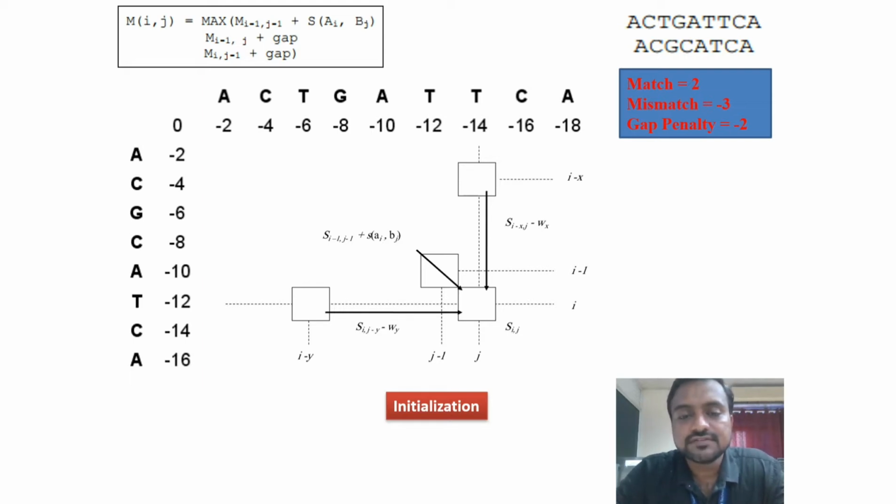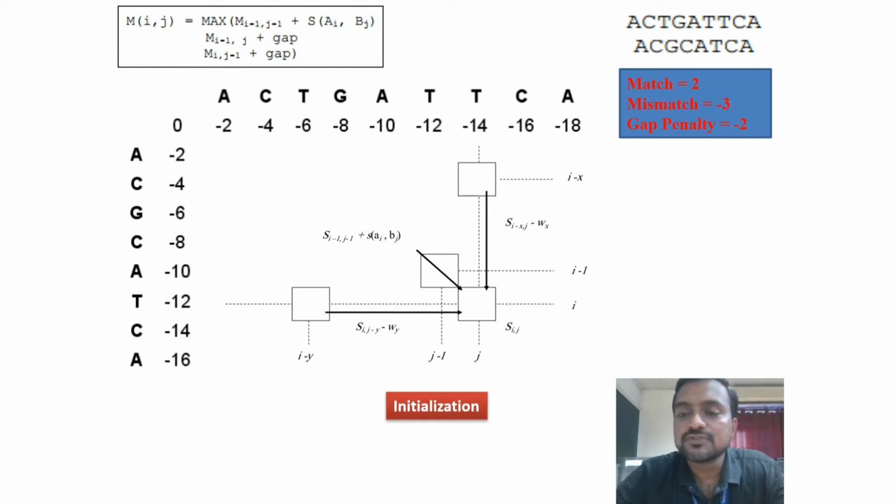For this specific task that we are discussing now, the scoring scheme is provided on the right hand side over here, where you can see that if the two characters in the intersecting cell are identical, then we will provide them with 2 marks or 2 weightage.